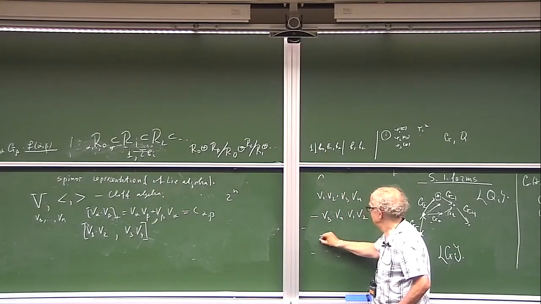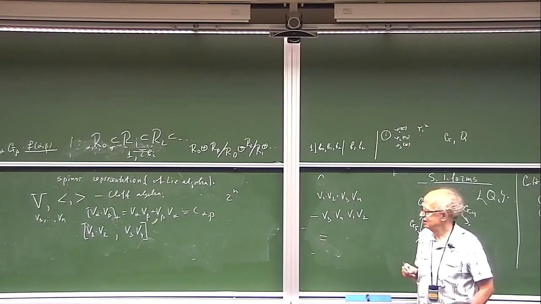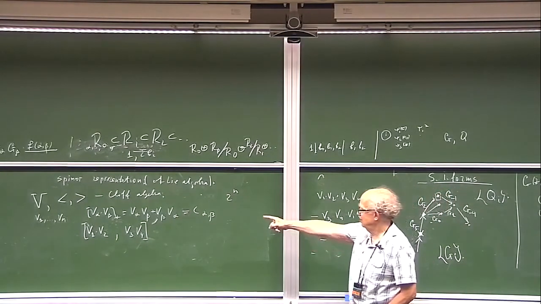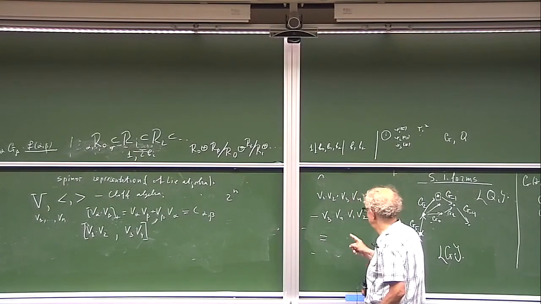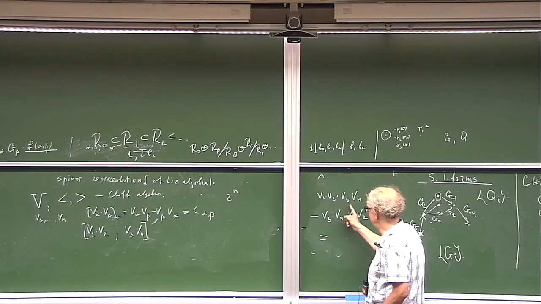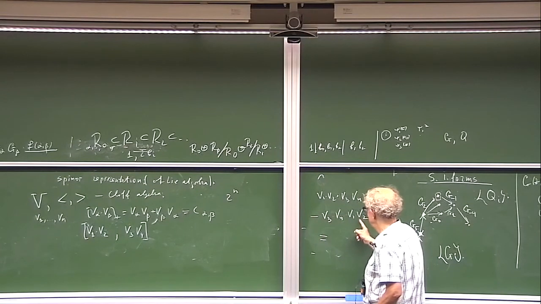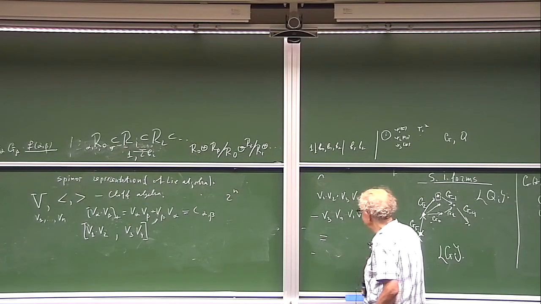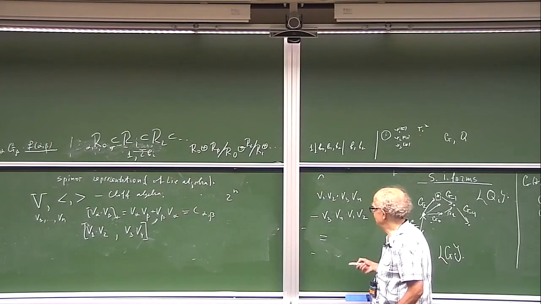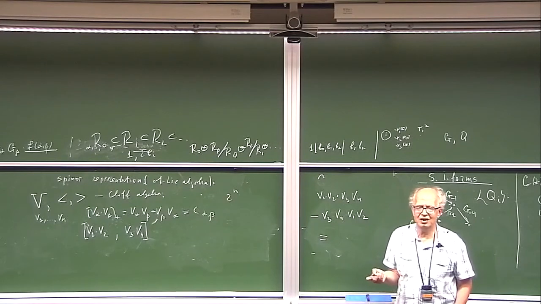Then, what is this? We have such a relation, and it means that we need to rewrite it and put V1 in the first position, then V2 in the second position, and then compare the corresponding results.